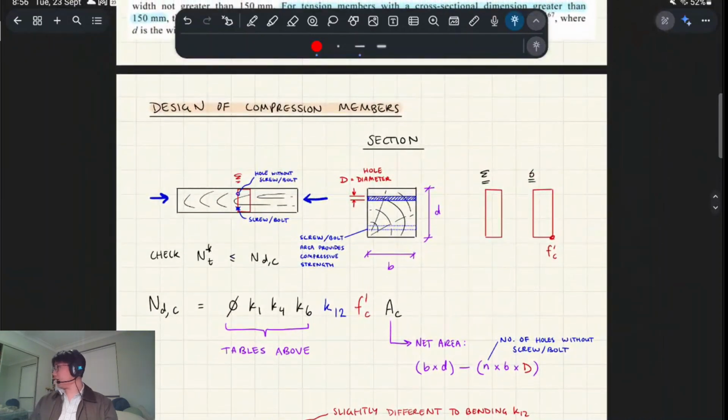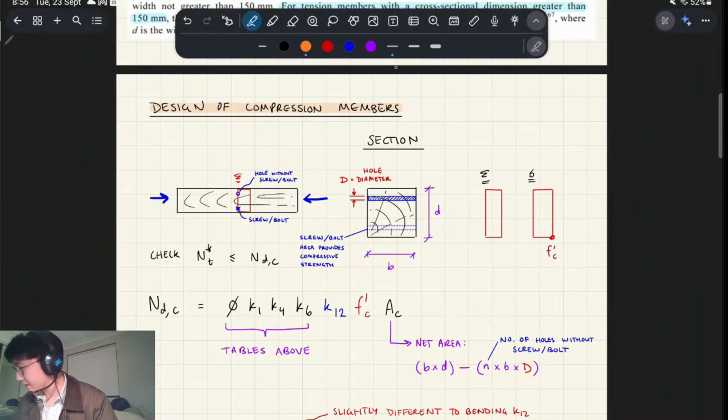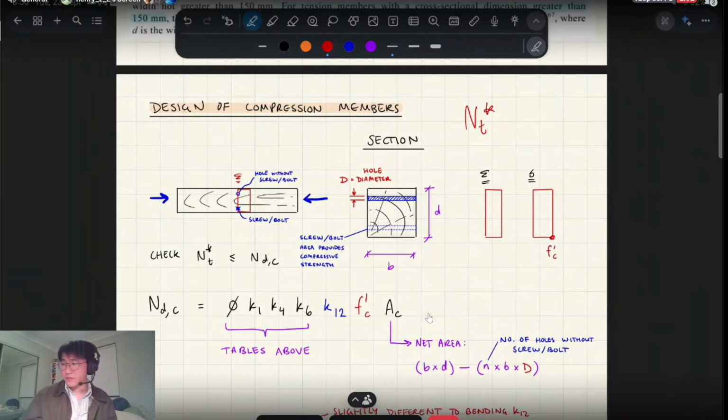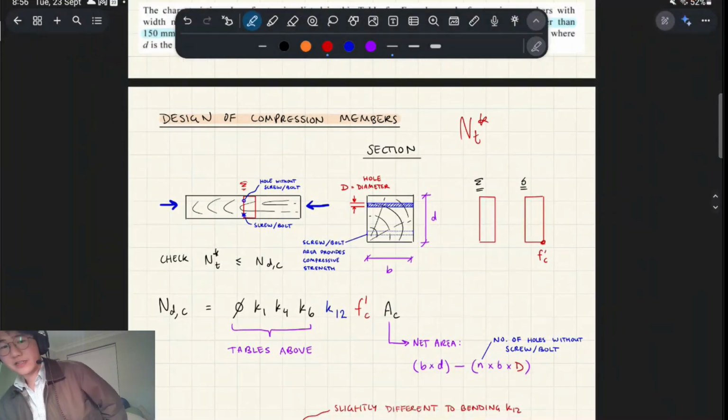Okay, so I'm getting questions in the chat. Nathaniel says, is N subscript t given to you usually, or something you calculate? I think this is easier to understand when we see a question, because you haven't done steel and concrete yet, so it's hard to explain without just seeing a question.